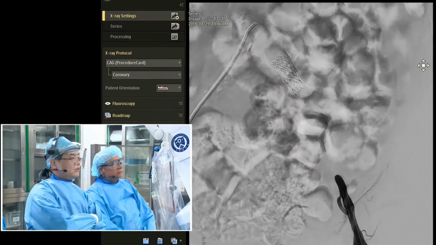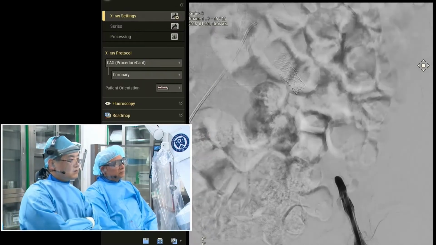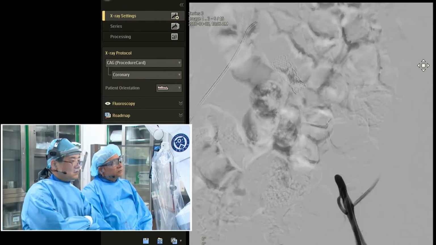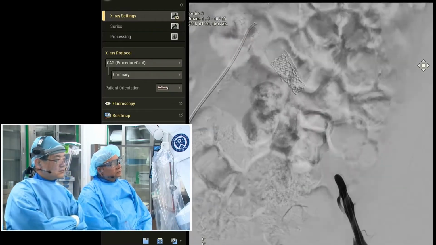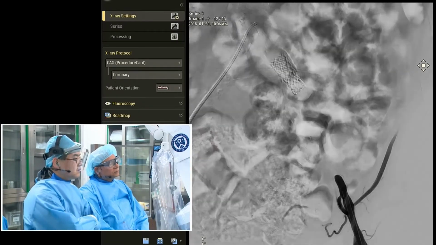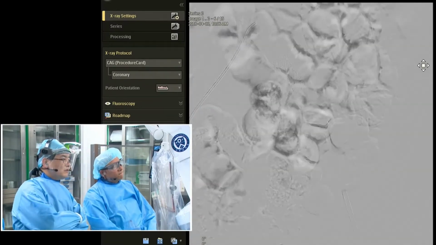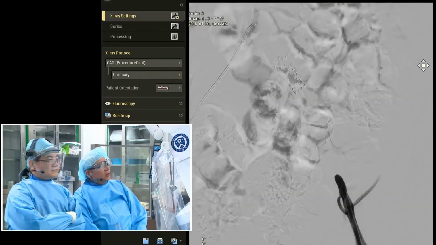Okay, so an ultrasound guided puncture was performed at the left common femoral artery, and the angiogram shows the total occlusion from the common femoral to external iliac junction. Okay, so there are some stumps at the proximal and distal ends.